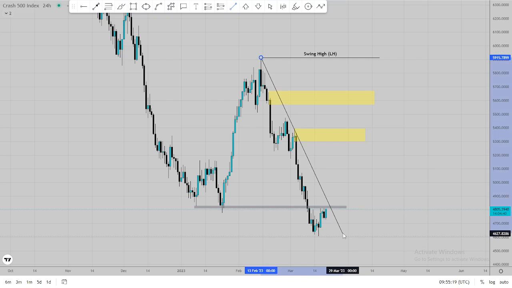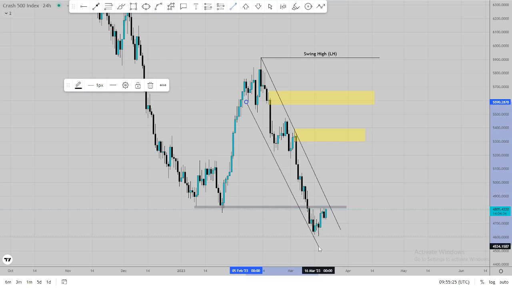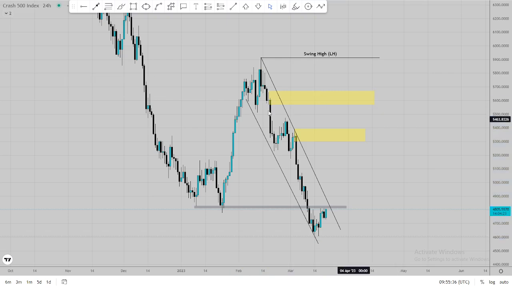If you look here, we actually have a trend line to the downside. We have a channel that is there to the downside, right? So this downward channel, we can also use it to enter our buys.